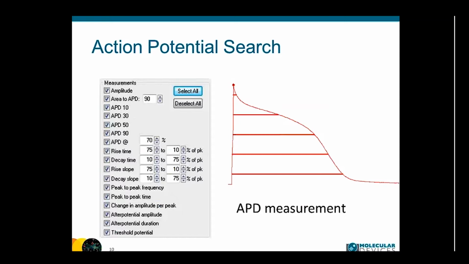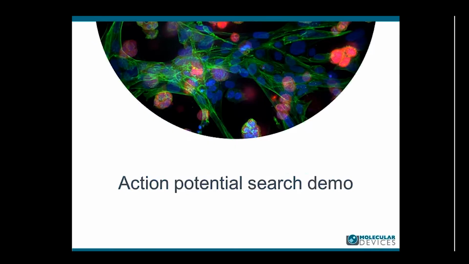And you can also measure the rise time, decay time, rise slope, and decay slope. And like I said, you can also measure peak-to-peak frequency, peak-to-peak time, and trend in amplitude per peak. That will be the trend of the action potential. All right.